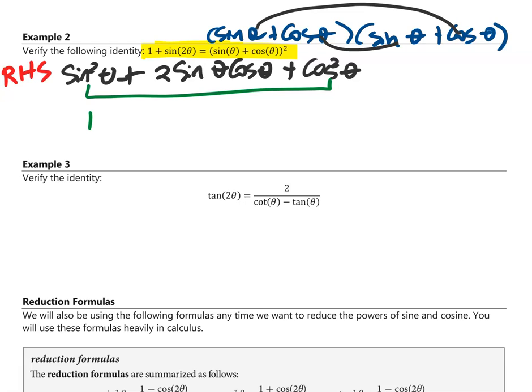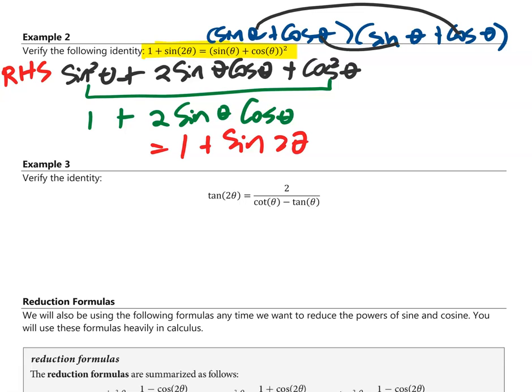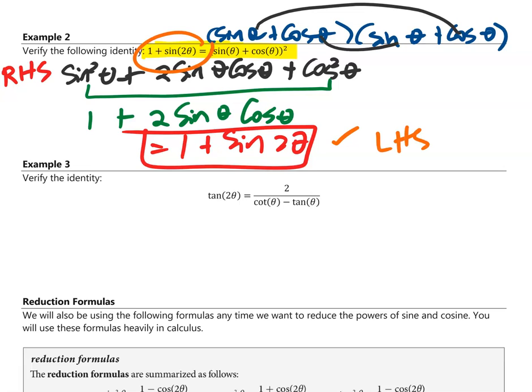So that is 1 plus 2 sine theta cosine theta, and 2 sine theta cosine theta is one of the double angle formulas, which is equivalent to 1 plus sine 2 theta. Look at that. That is equivalent to the left hand side.